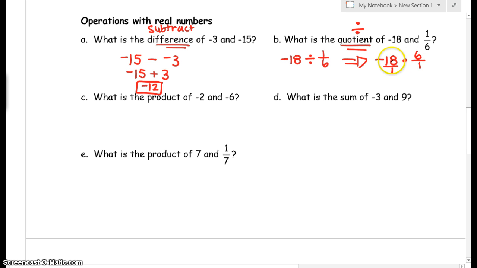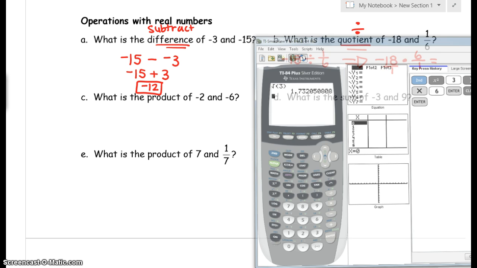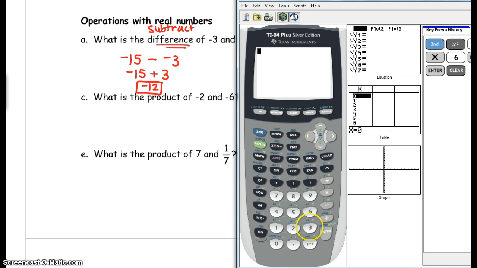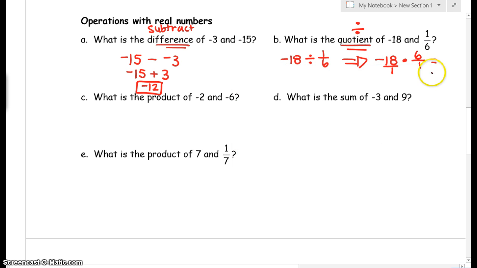And I'm going to multiply the numerator times the numerator and the denominator times the denominator. So we're going to have negative 18 times 6, and we ended up getting negative 108. And we know 1 times 1 is 1, but we really just have to write negative 108.